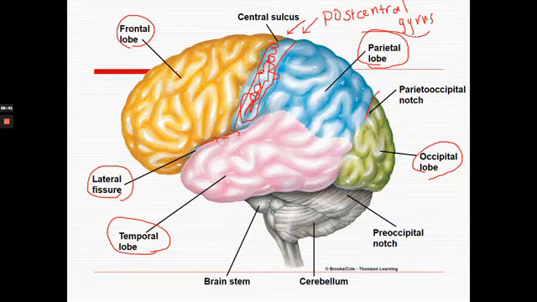This post-central gyrus is the primary somatosensory area. So all our somatosensory sensation comes to the post-central gyrus.